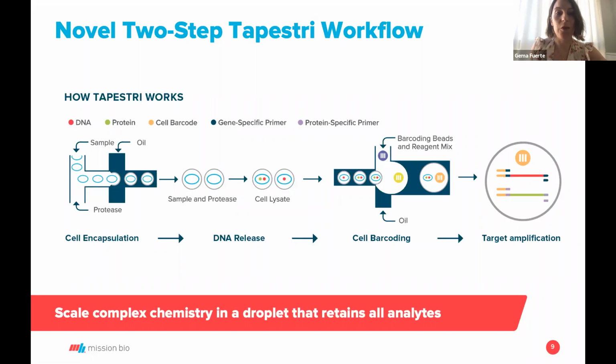The workflow is exactly the same: it just gets encapsulated, but when you do the lysis, you don't get only the DNA, but also the tag for whatever antibodies your cell had. Then you continue downstream and generate two libraries, the DNA library and the protein library, for a single cell. So it is true single cell. We are not talking about the same sample, but about the very, very same cell.